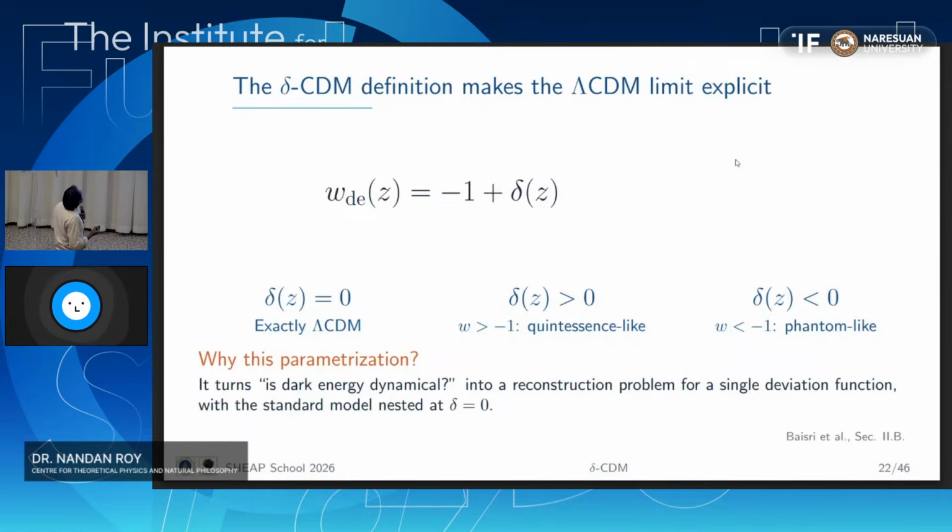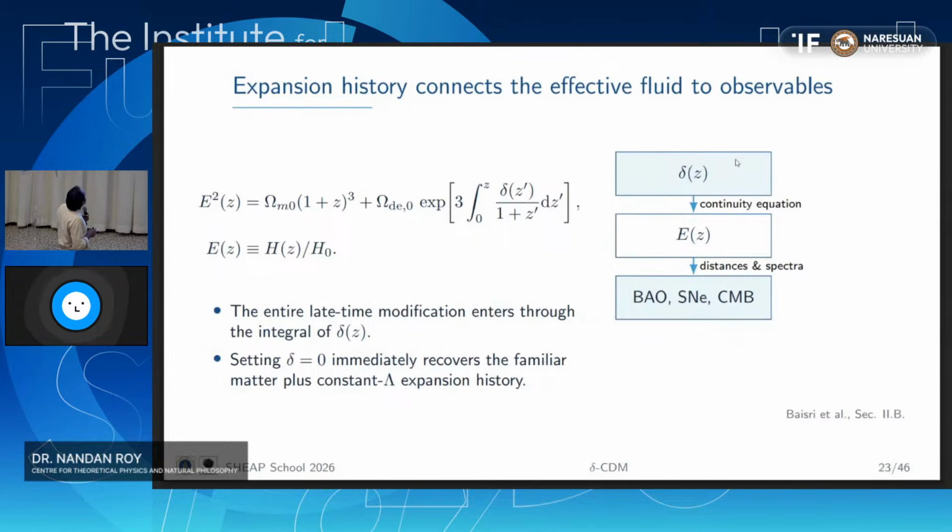And now we wanted to check whether this delta z can be built up from some physical model like a scalar field model. When you consider 1 plus z, there will be 1 plus w(z) here, so only this delta z is controlling the dark energy sector.